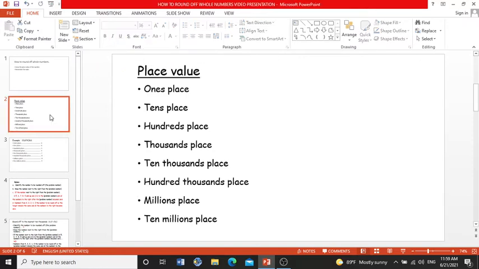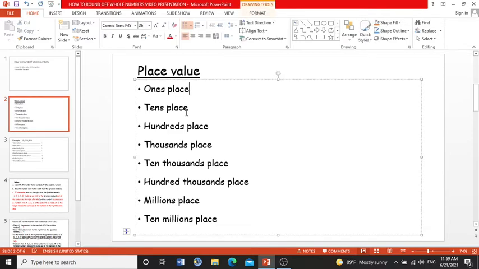Try to repeat this so that you can remember and get familiar saying it, because this is in English. So practice at home together with me. I'll slow it down. One's place. Again, say it. One's place. Then we have tens place.